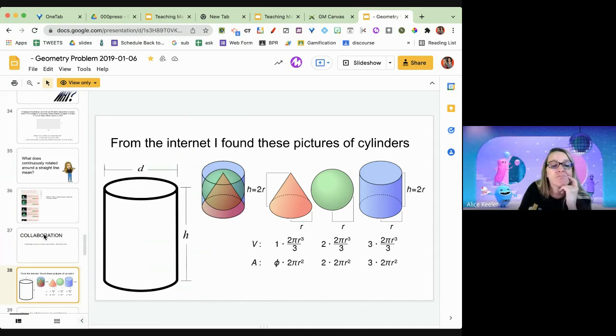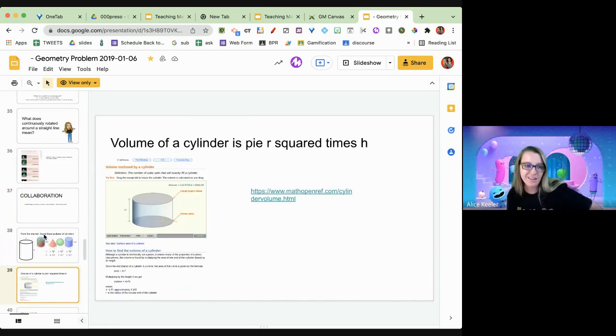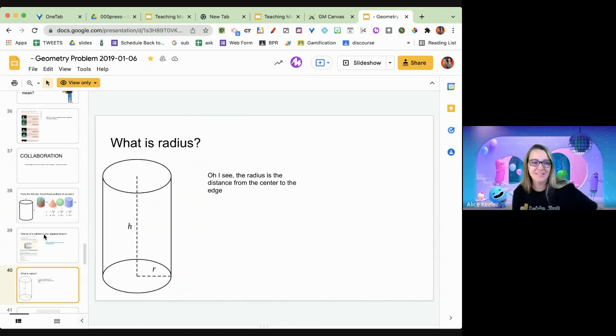So she's got these pictures off the internet. Sounds good. Thanks for that. And then she found a calculator that finds the volume of a cylinder. I like that. Good using your resources. Thanks. So then she said, well, what's the radius?